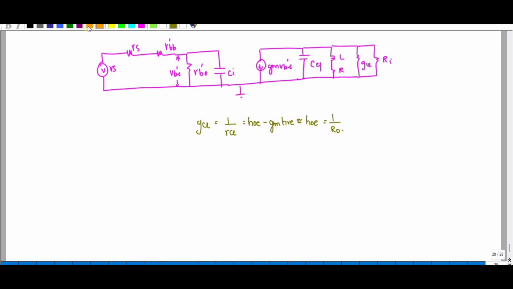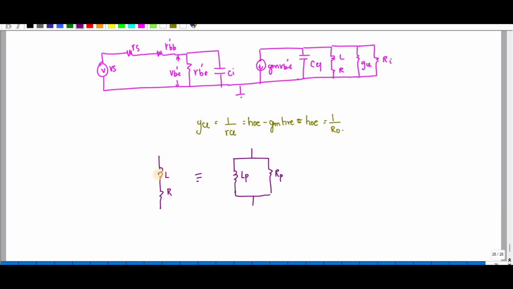Now what I am doing is this inductor and resistance, I am going to equate that to LP in parallel with RP. So I am going to replace this term with this one.